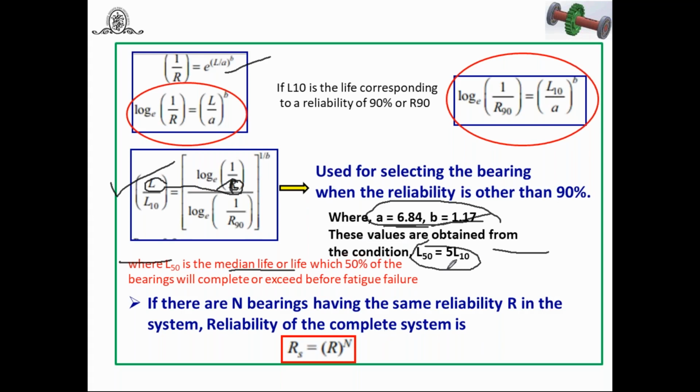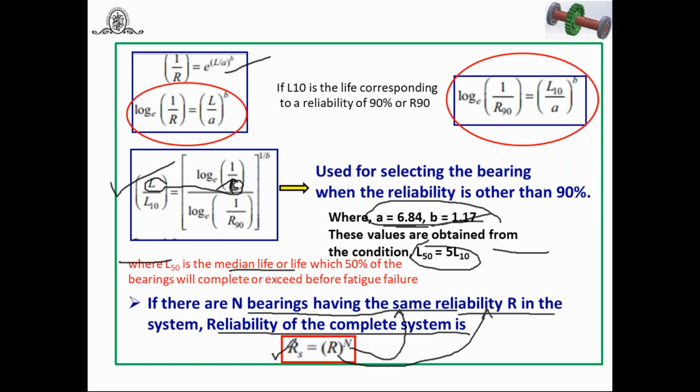Okay, then next one. Sometimes there is one system that consists of n number of bearings having the same reliability. Then how do you find out the reliability of such a complete system? The reliability of this complete system is given by Rs is equal to R raised to n, where R is the reliability of each bearing, n means the number of bearings in the system, and Rs is the system reliability.